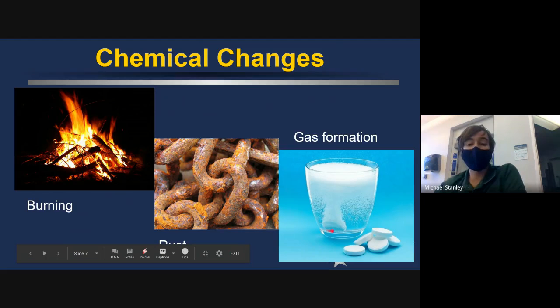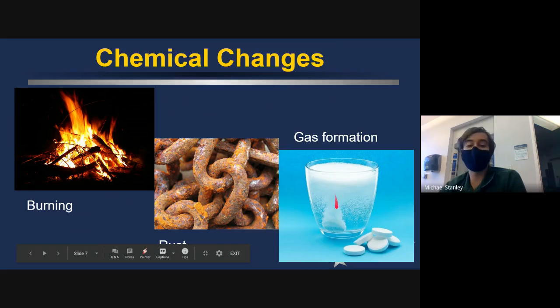And that's because the tablet and the water are chemically reacting with one another to produce this gas that's bubbled and fizzed up, so that when you drink the water, you get the medicine that was inside of the tablet. And so all this gas being given off is due to a chemical reaction and a chemical change between the water and the tablet, right?